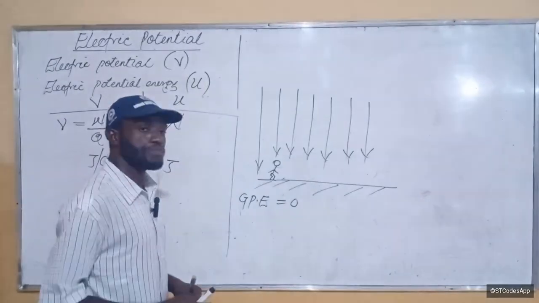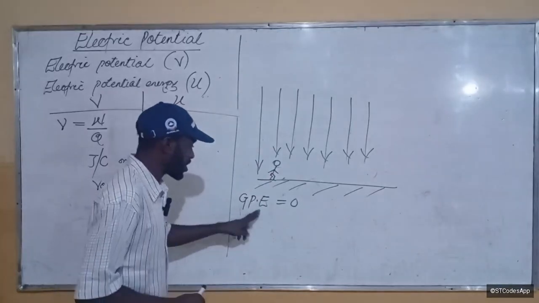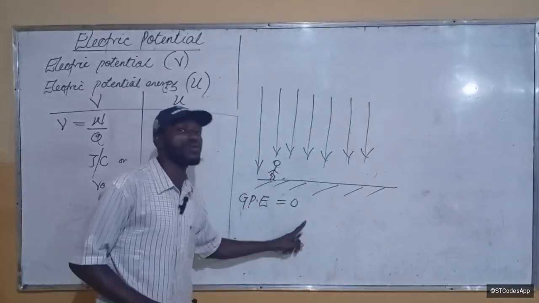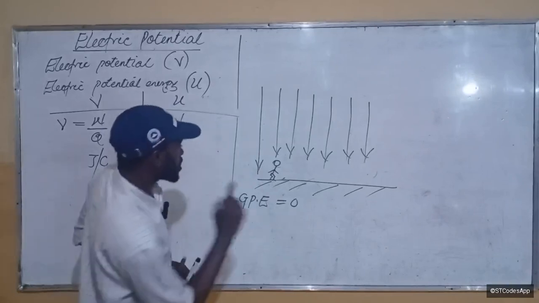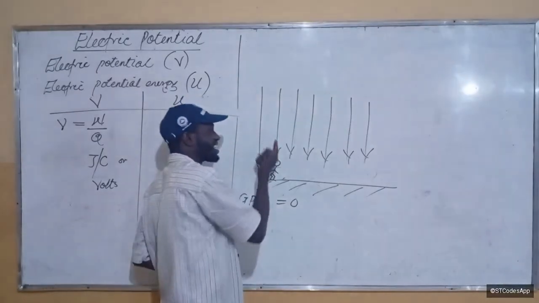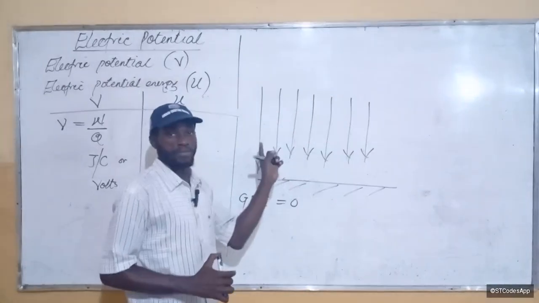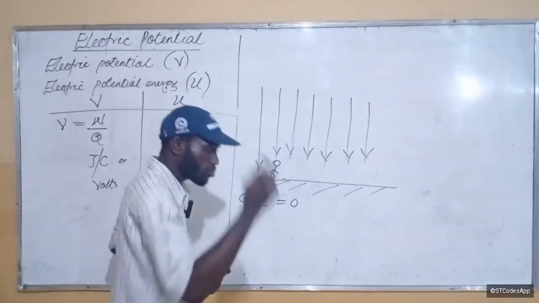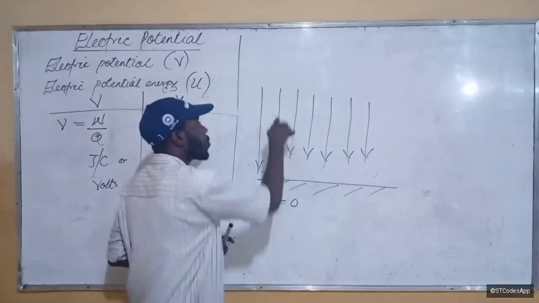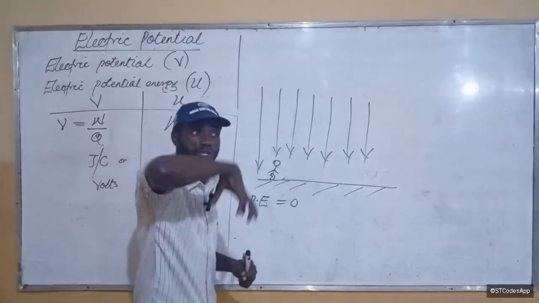So the gravitational potential energy of this body is zero. Now if this body moves up, it is moving against gravity, against the field of gravity, because the field of gravity is pointing down. So the work done by the field of gravity on this body is always towards down.